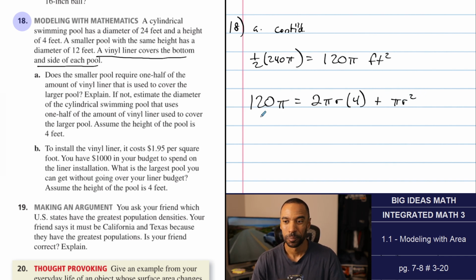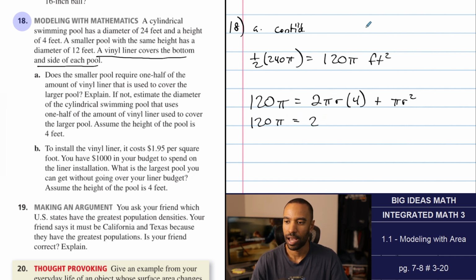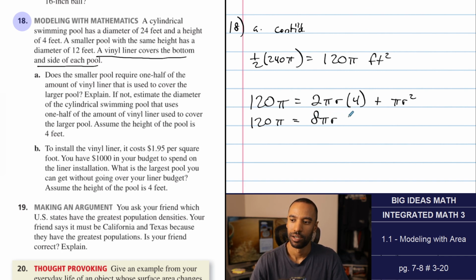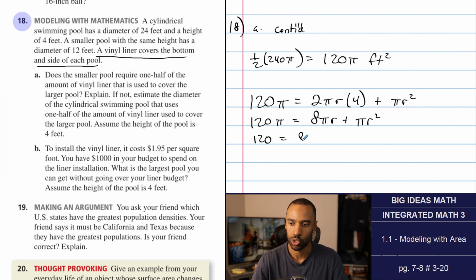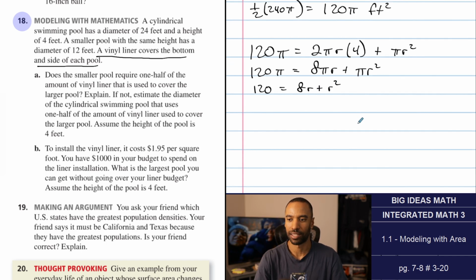It's a quadratic. Interesting. 2 times 4 is 8, so we have 8 pi r plus pi r squared. Everything has pi in it. If we divide everything by pi, we can wipe it out. So 120 equals 8r plus r squared. This is a total quadratic equation.